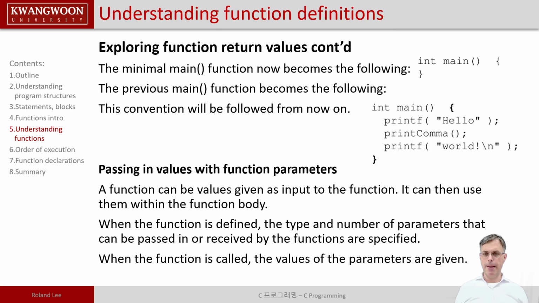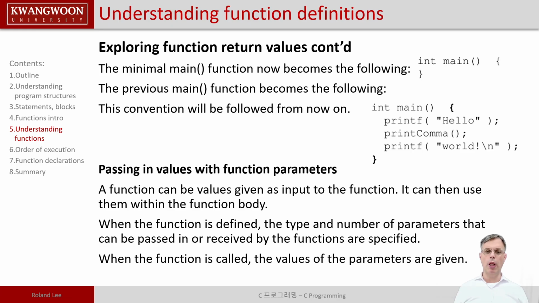A function can take values given as input to the function. It can then use them within the function body. When the function is defined, the type and the number of parameters that can be passed in or received by the function are specified. When the function is called, the values of the parameters are given.